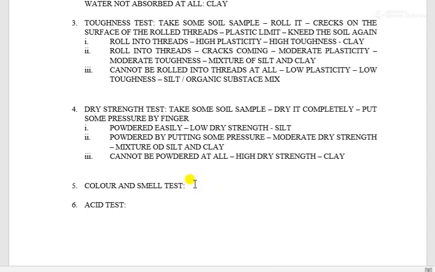In the color and smell test, if there is some organic substance mixed into the soil, then obviously the color will be dark, and there is some odor of organic substance or decomposed materials.